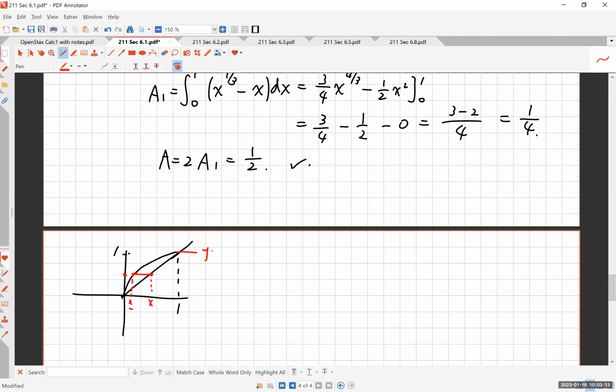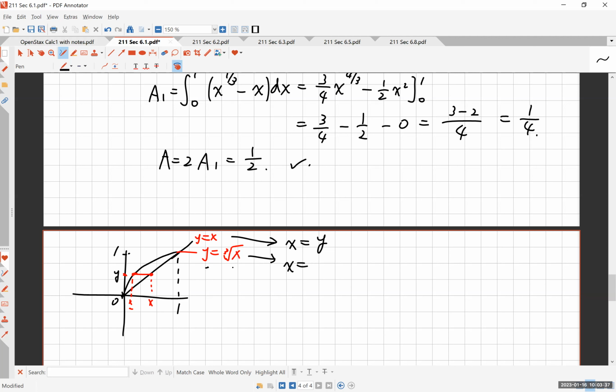Remember, this function is y equals the cube root of x, and this is y equals x, right? So it is necessary to rewrite these as x equals something in y. See, the thing is now, because we want y to be the independent variable, we have to solve both of these equations for x. So here, x is what?